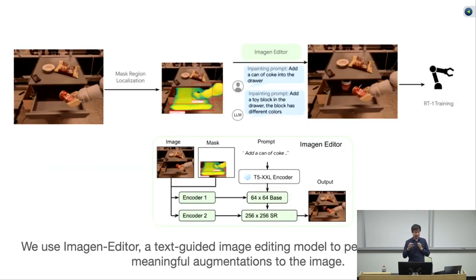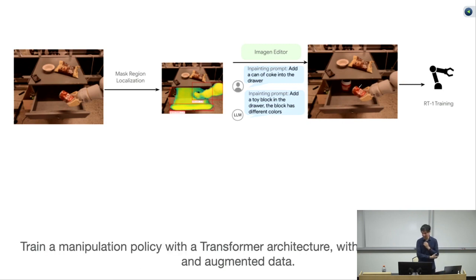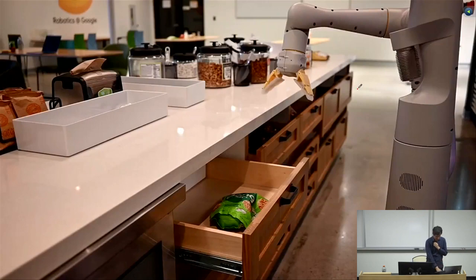Then we use Imagen with the text prompt given by the first step to add additional blocks or Coke cans into the top drawer. Then we collect this data, mix it with the original data in a 1-to-1 ratio, and use this augmented data set to train the robot.